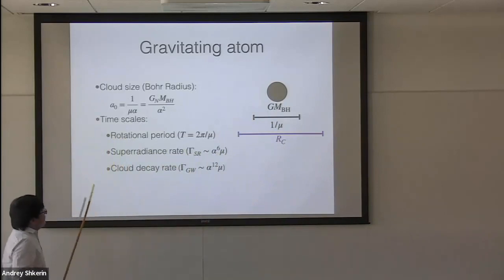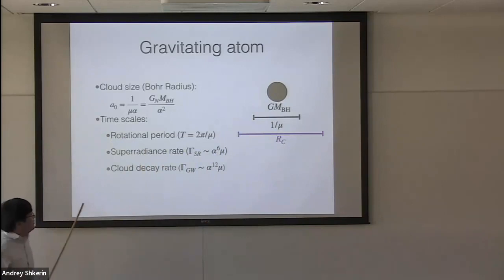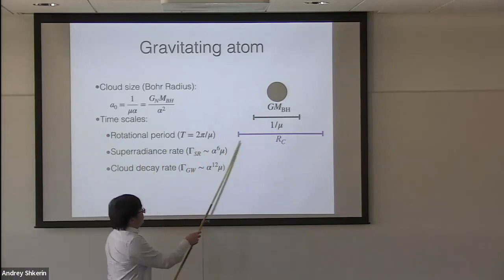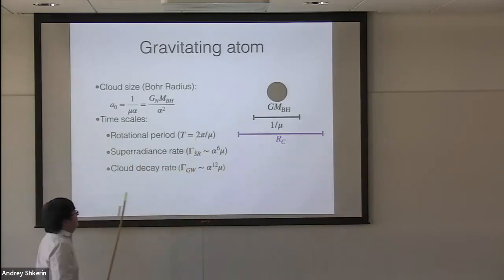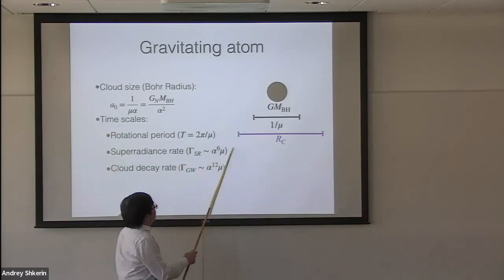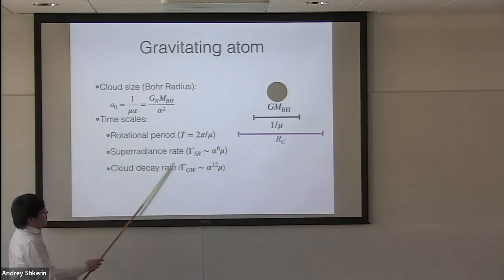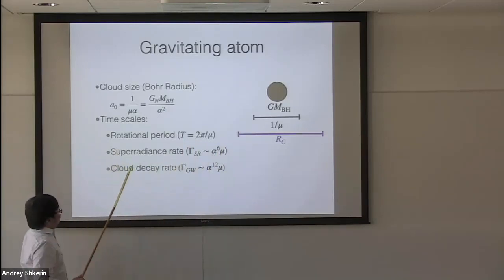Then there are also three time scales which are important. The first one is the rotational period of the cloud, which is set by the particle mass, so it's like 2 pi over mu. There is the superradiance rate, which is somewhat slower. It goes as alpha to the 6th power times mu, and this is the scaling for the fastest superradiance mode.